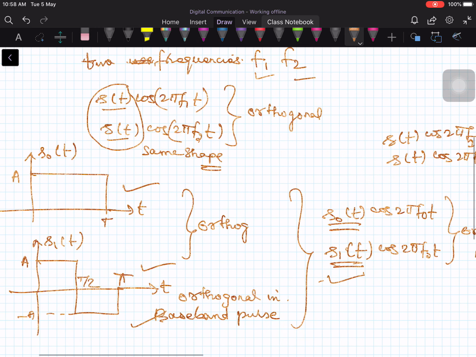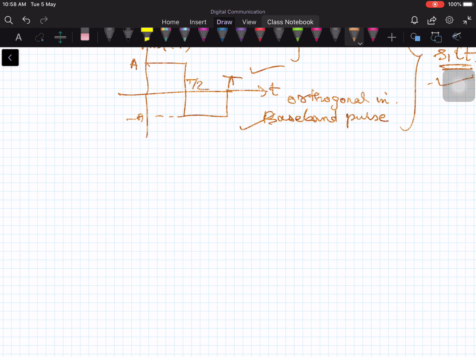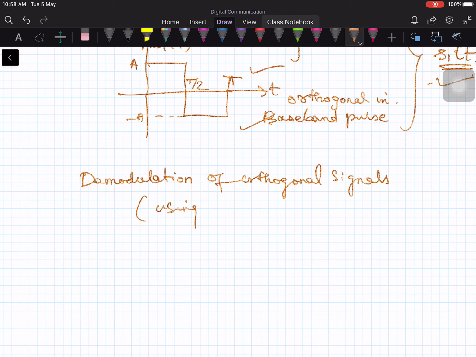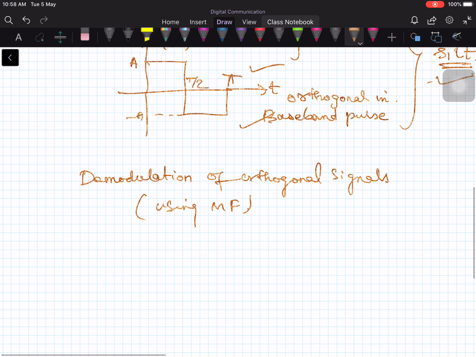Now let me come back to demodulation of orthogonal signals using matched filter. When I say binary orthogonal signals, I have two signals, let's say S0 of t and S1 of t.